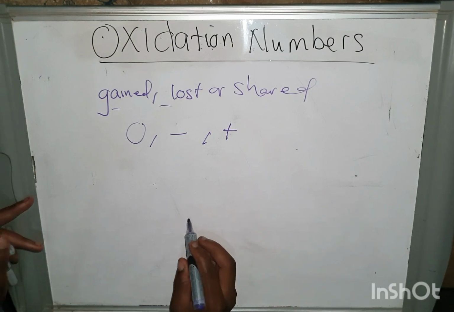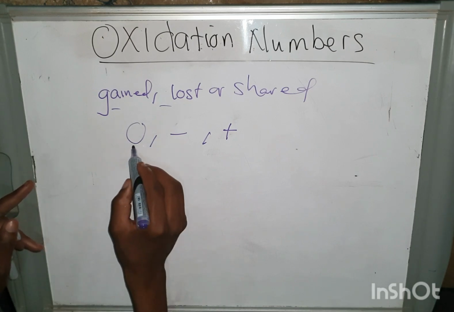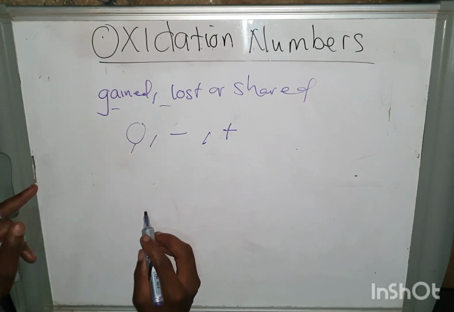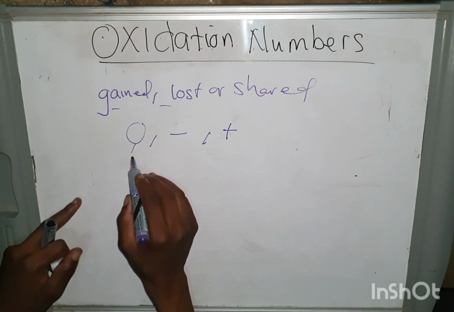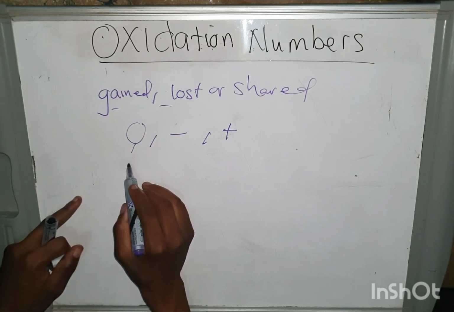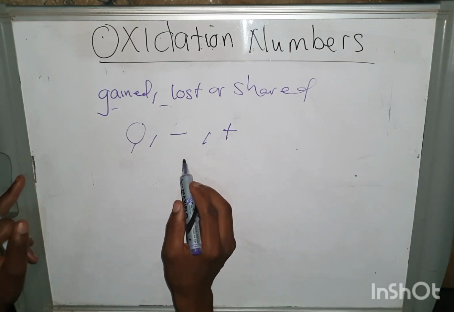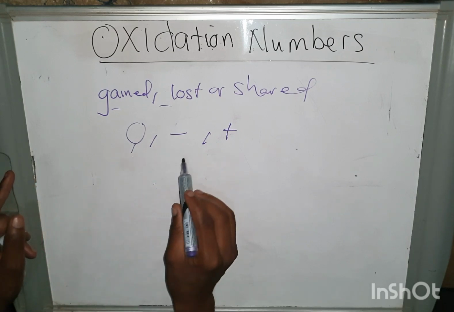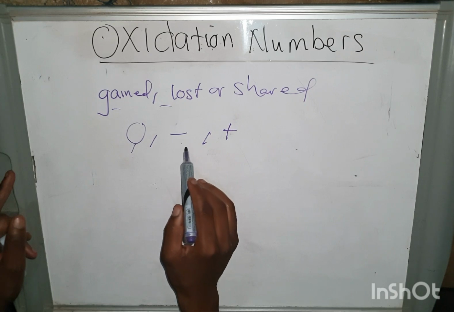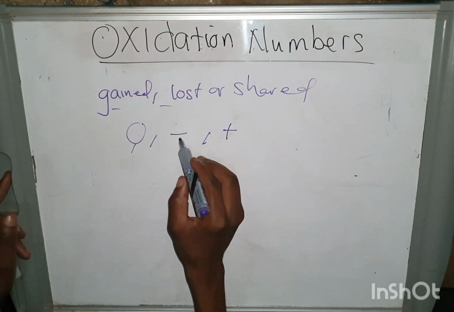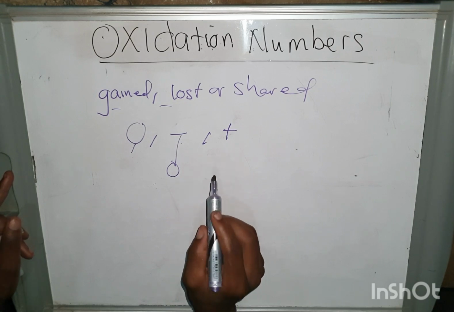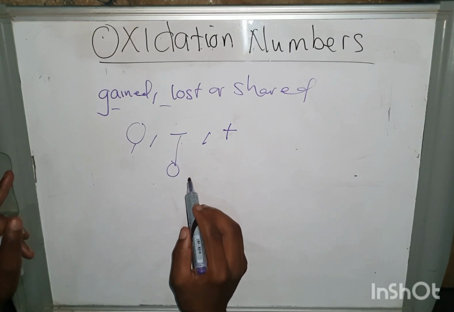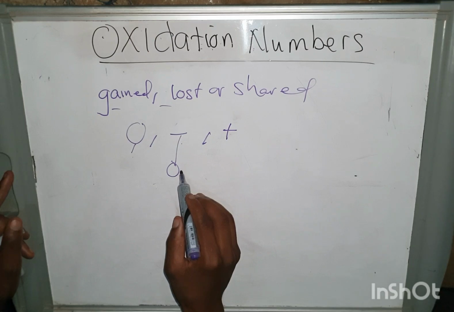When the oxidation number is zero, it simply means that the number of electrons assigned to this atom is equal to the number of electrons in its free state. When the oxidation number is negative, it means that the number of electrons assigned to this atom is more than the number of electrons found in its free state when it is neutral.